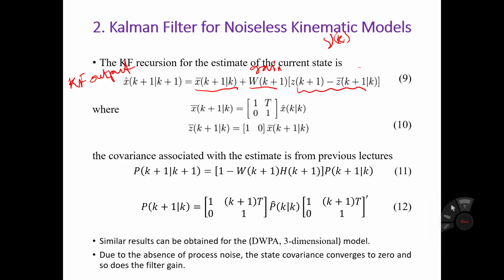Here this prediction is obtained by F times the estimate of this one. And similarly, the mean value of z is obtained by H. This is a measurement and the prediction. This is the state equation, and this is the state observation.